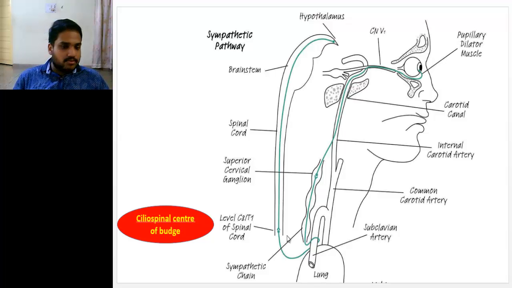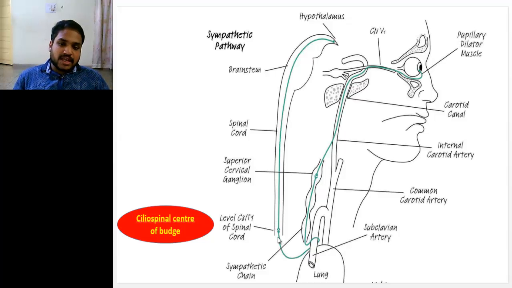That is the level where it synapses. This is also called the ciliospinal center of Budge. So first order neurons from the hypothalamus come down without crossing, and synapse at the C8 to T1 level of the spinal cord, the ciliospinal center of Budge.